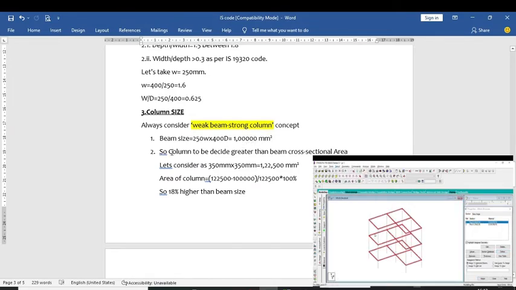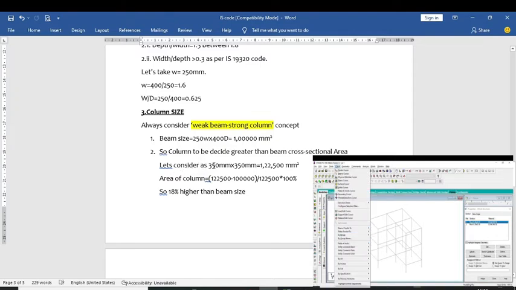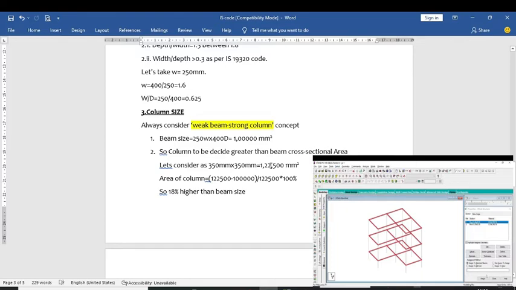The column should be decided greater than the beam cross-section area. After hit and trial, 300 by 300 we cannot take, because it comes to around 90,000 mm square, which is less than the cross-sectional area of the beam.